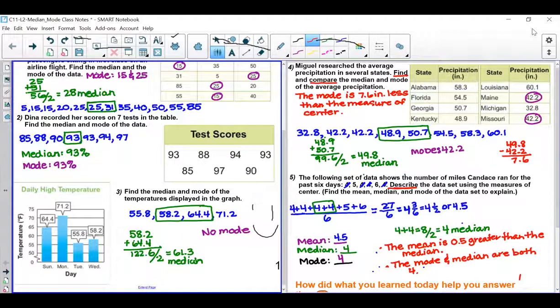It'll give you the test scores, the numbers there, but for the answer, it'll say median, and then you just write in the number, or it'll say mode, and you just write in the number. And if there's multiple modes, I'm going to have mode, mode, mode, and then you just write in the numbers. Questions?